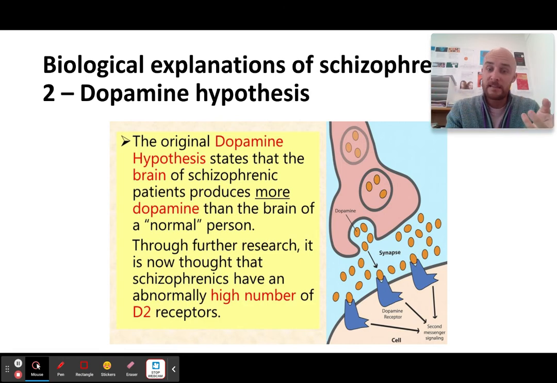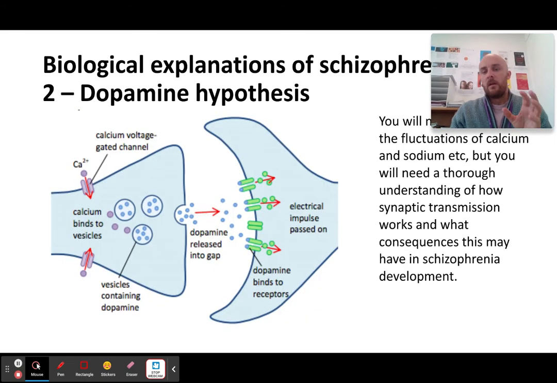And it was refined. And it turned out not to be too much dopamine. It was you had an abnormally high number of D2 receptors, dopamine receptors, basically. It wasn't so much you had loads of this, it was you had loads of these here, loads of D2 receptors.